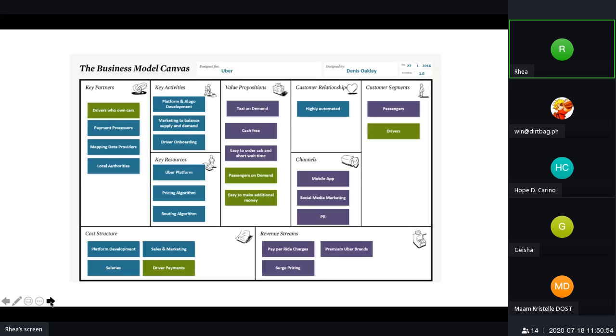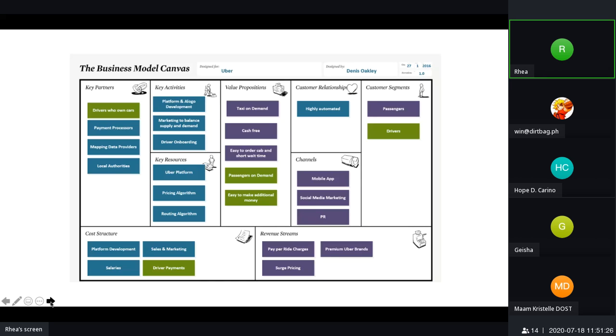So for passengers in purple, the value proposition in purple would be the value propositions intended for the passengers. Okay? So a value proposition for the passengers would be they can easily order cab with short wait time. For drivers, drivers would be enticed to use Uber because of the following value propositions: passengers on demand, and they can make additional money, which is good for the drivers, right?